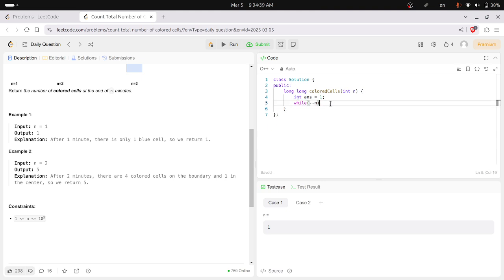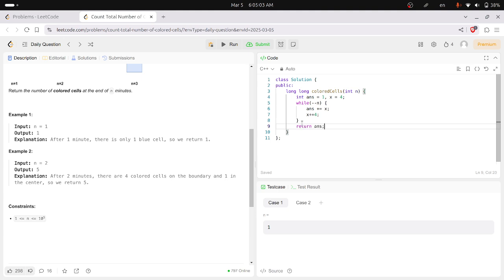While minus minus n, I will just add answer plus equals to... okay, I will keep another variable x equals 4. So I will do answer plus equals x and x plus equals 4. Yeah, that should be my answer.